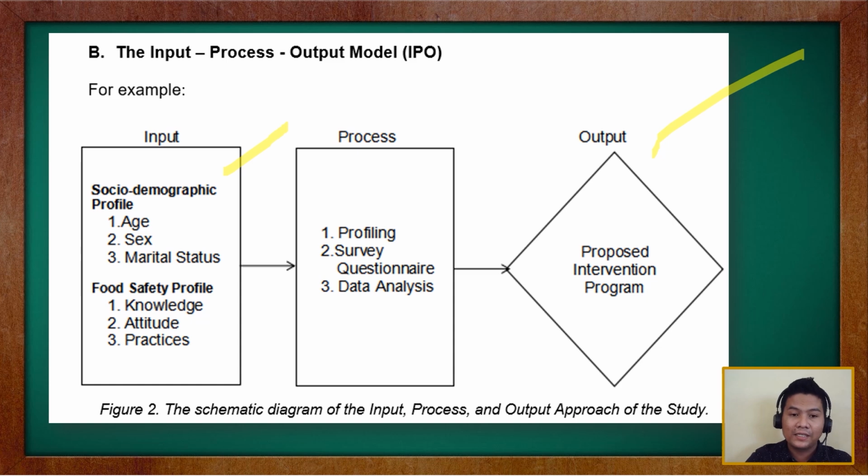The input is the independent variable, which includes the socio-demographic profile, age, sex, marital status, and food safety profile, knowledge, attitude, and practices of the respondents. And the process includes the tools and analysis in gathering the data, while the output is the outcome based on the results of the study.